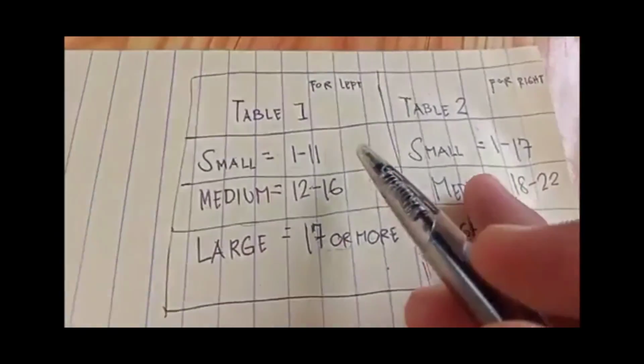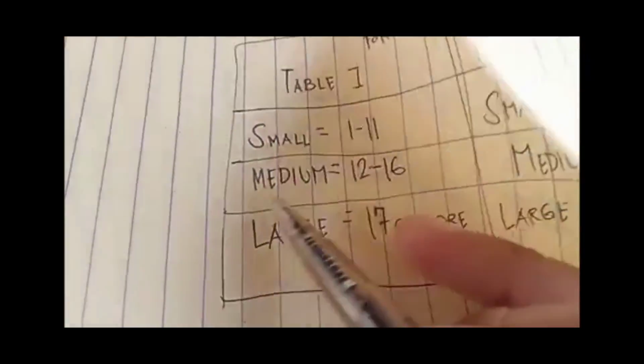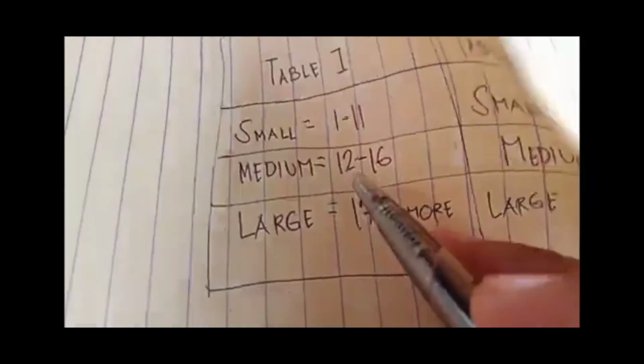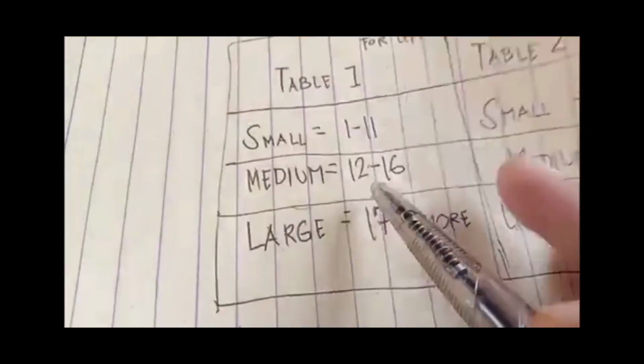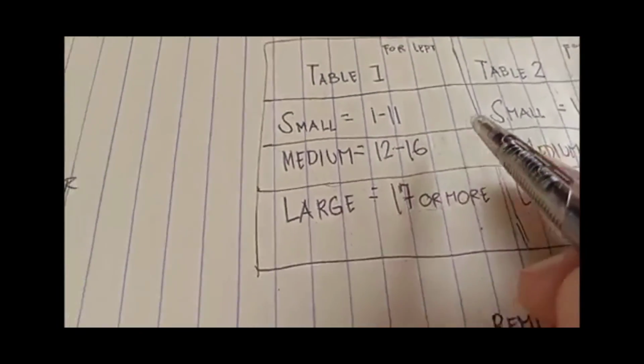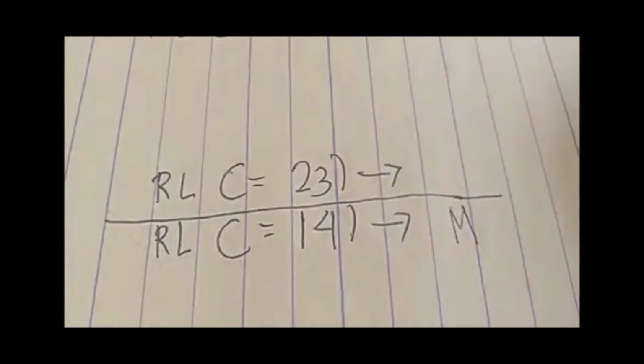If we look at table 1, it is medium, because it is 14 and the medium is 12 up to 16. So, we will write a capital letter M.